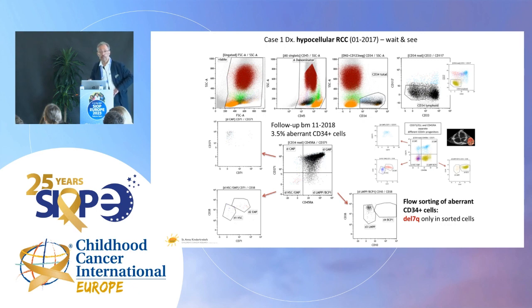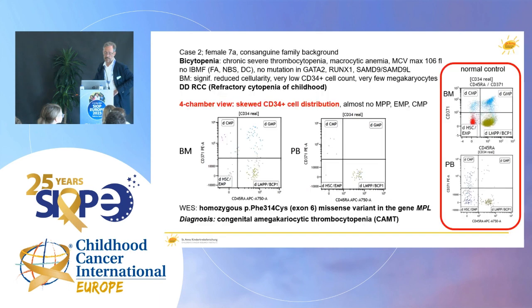So we can inform by flow cytometry what the underlying situation is, even if we didn't find this del7q otherwise, because it's too few cells, you know. So you may overlook them in the normal chromosomal assessment. Another case was a pancytopenia, a chronic severe pancytopenia, which was maybe an ITP, a chronic ITP.